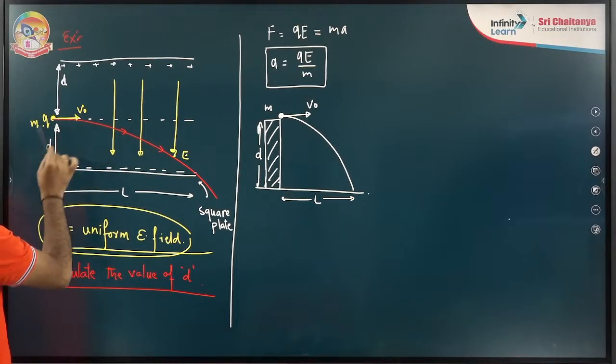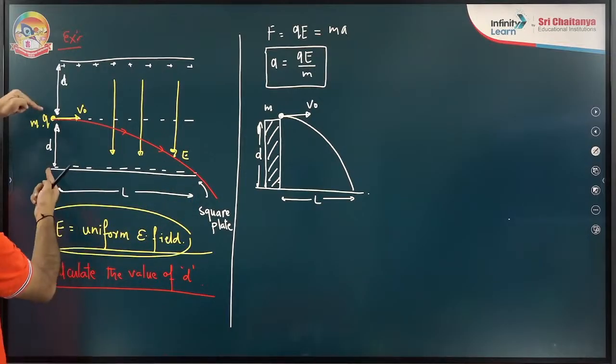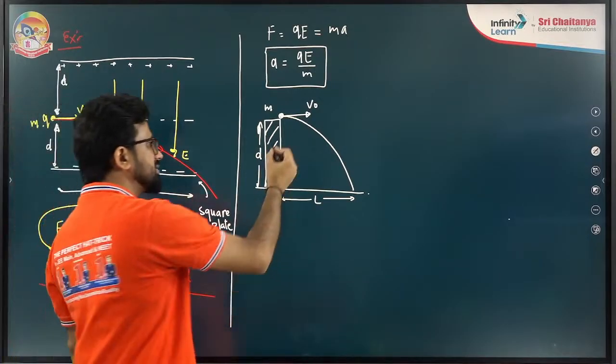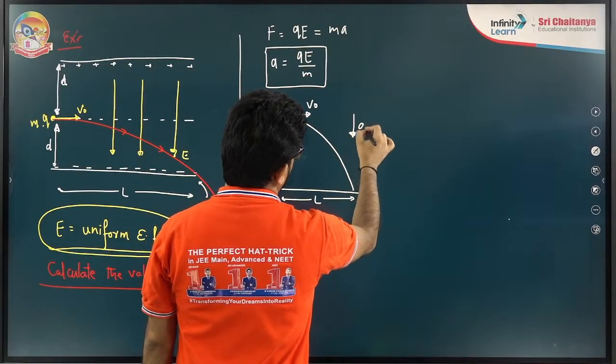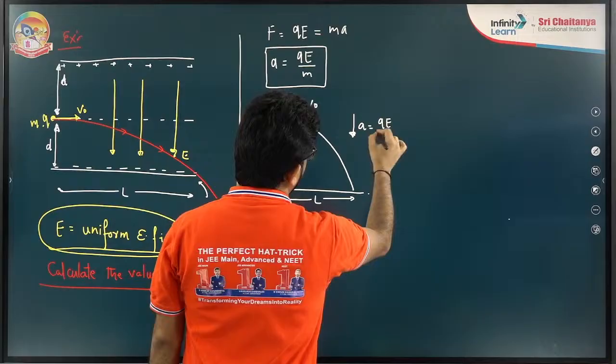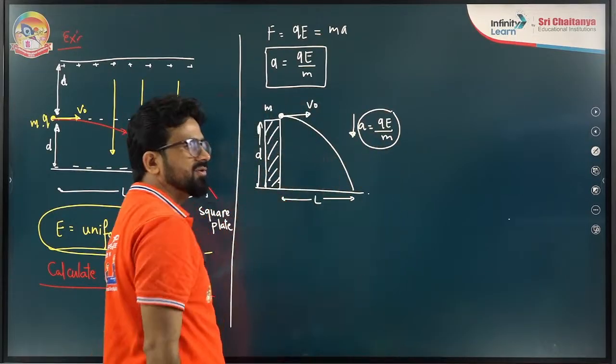The initial velocity is v naught, it is going like this. This is the range, that is L, and this height is equal to D. And the acceleration acting vertically downward we already know, that is equal to QE by m. I think this analogy is clear.